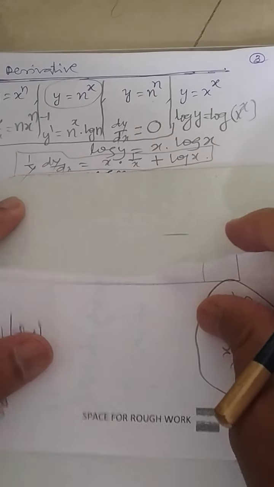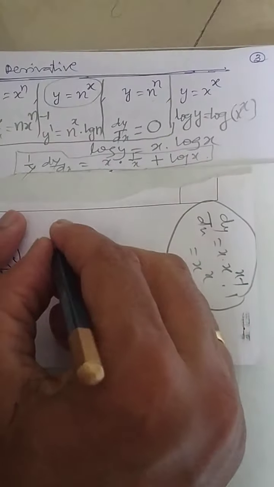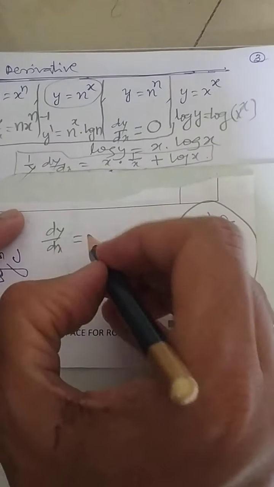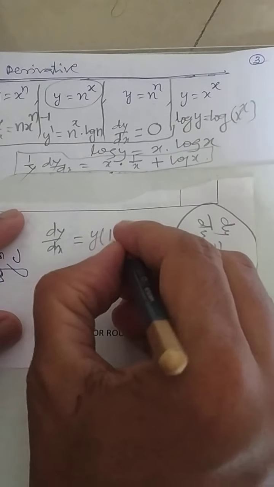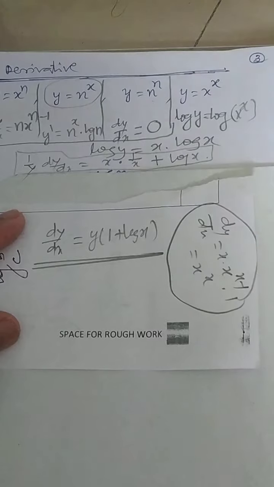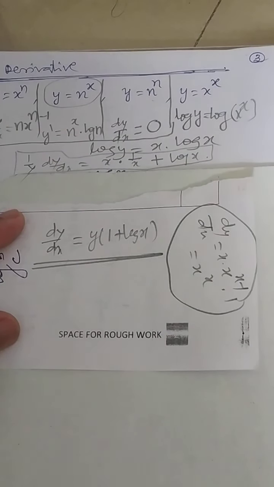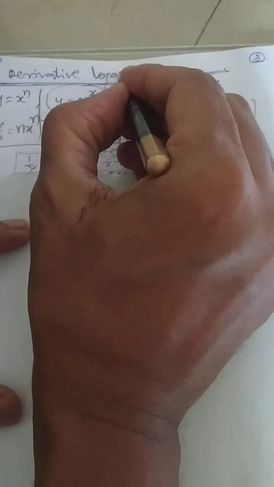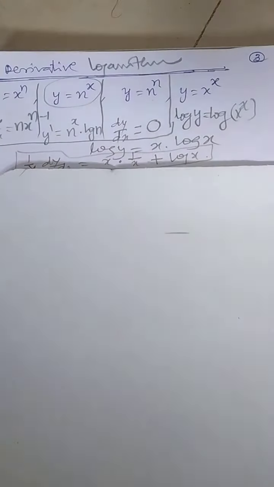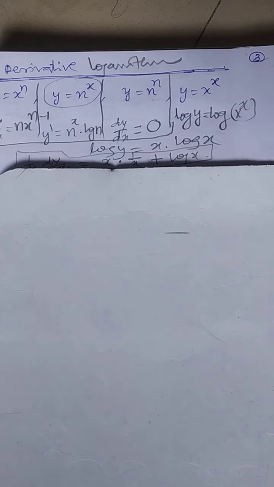Our demand was y dash. So dy by dx will be equal to y, which I can transfer over here, into 1 plus log x. So this way you can find out the derivative of such functions. Today's concept is nothing but logarithmic derivative, because you cannot differentiate straight away, therefore you have to take a log and then get the solution.